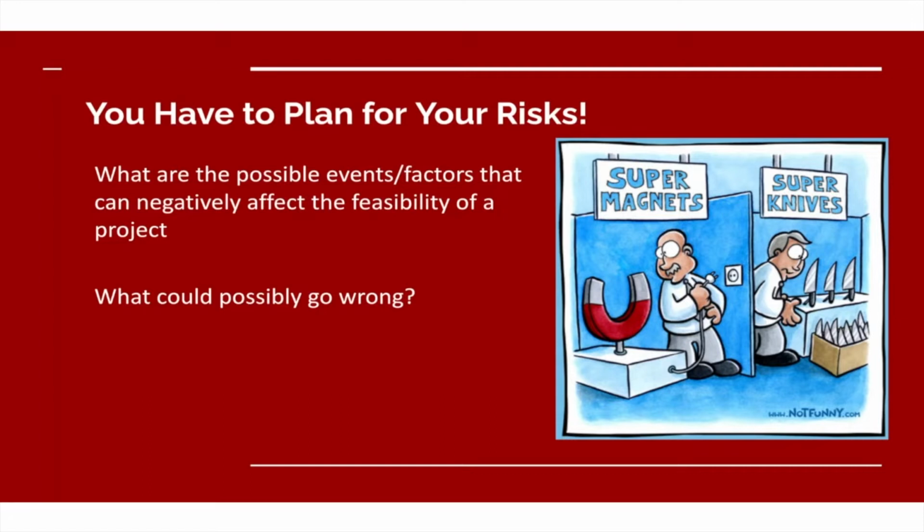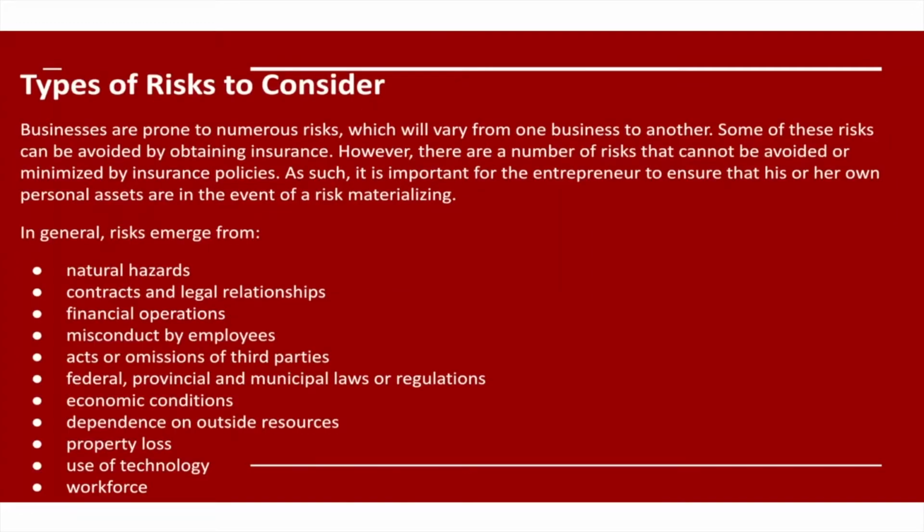The possible events, I call it. And what could be the impacts of those on my business if it did go wrong? From there, that allows you to start your risk management process.